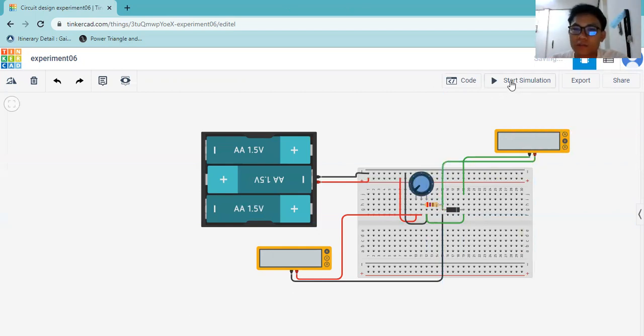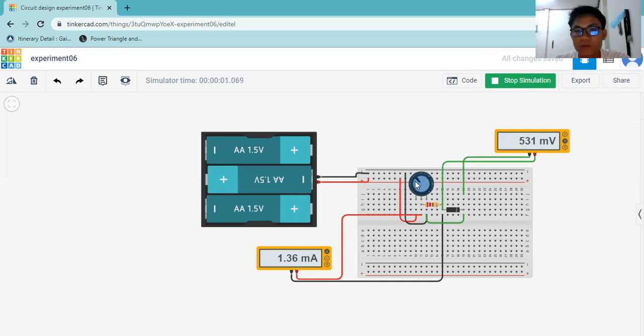Okay, here let's start to simulate. Now we can see that the current in this circuit is also changing when we turn the potentiometer. The voltage is changing, and also the current is changing.